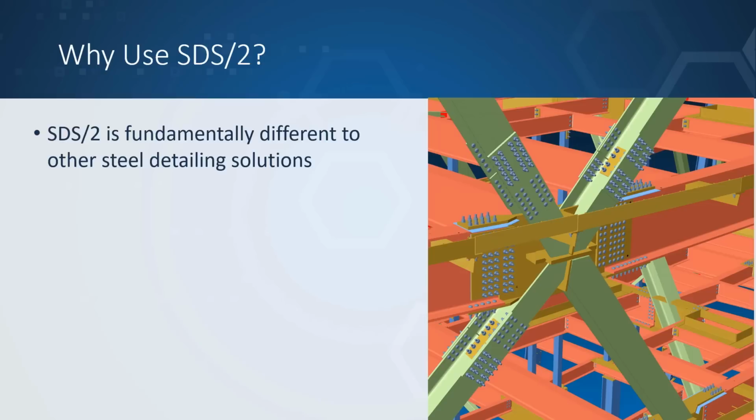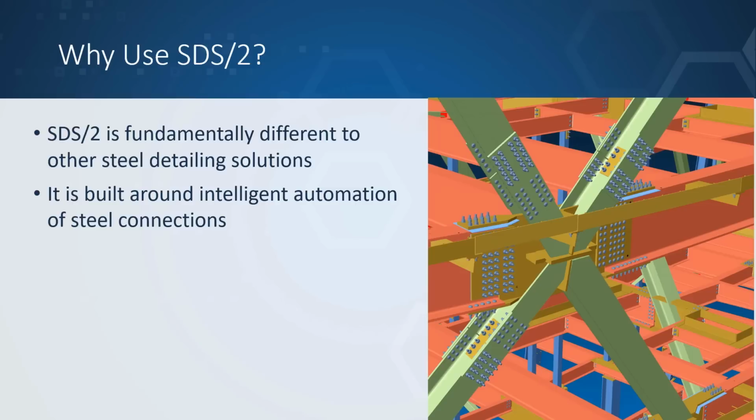So why use SDS2? It's fundamentally different than any other steel solution. It's built around the intelligent automation of steel connections, which I'm going to dive into quite a bit deeper later on.